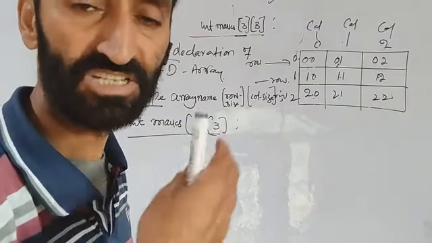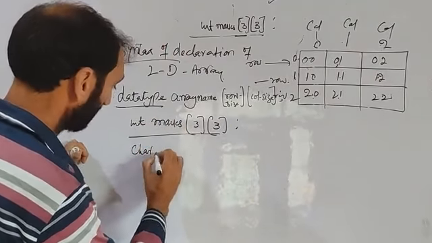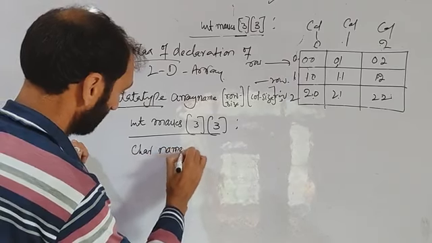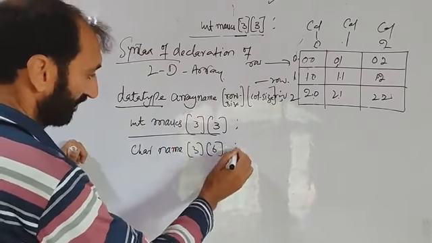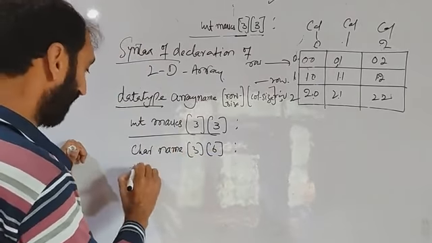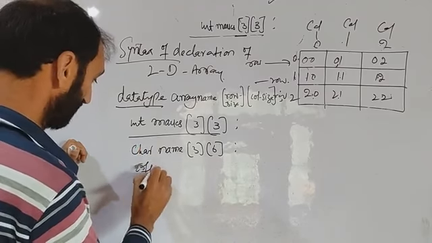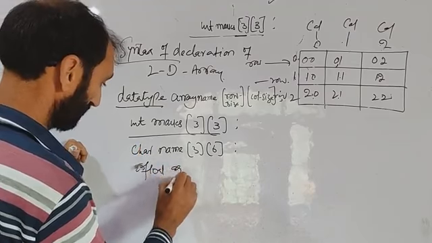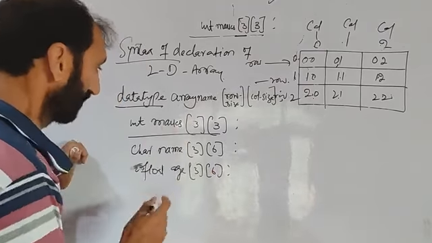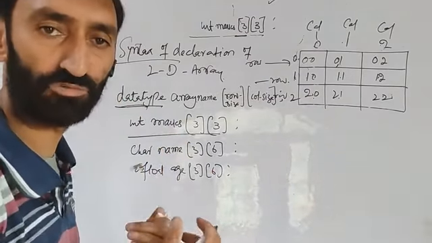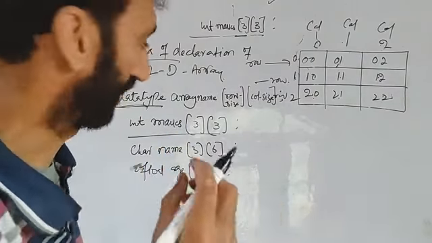If integers, then int; if characters, then char; for example marks[3][3] or age[3][3] as float. The data type tells the compiler what type of data is going to be stored in the two-dimensional array.